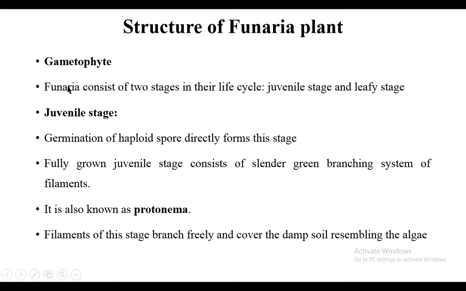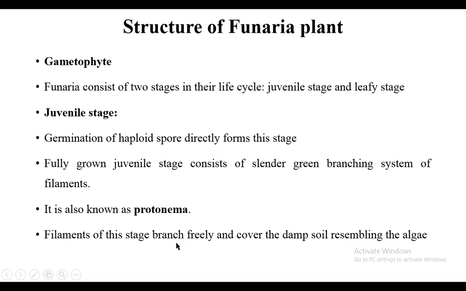Gametophyte. Funaria consists of 2 stages in the life cycle: juvenile stage and leafy stage. Juvenile stage: germination of haploid spore gives rise directly to this stage. The fully grown juvenile stage consists of a slender green branching system of fine filaments. It is also known as protonema.